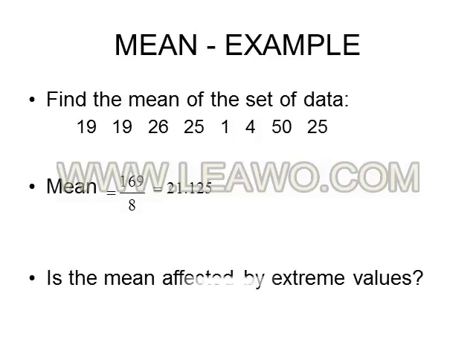Now, if I were to ask the question, is the mean affected by extreme values? Think about that for a moment. If you had to calculate your test average, and maybe you had 2 tests where your scores were 92 and 95, but on the third test you made a 21.